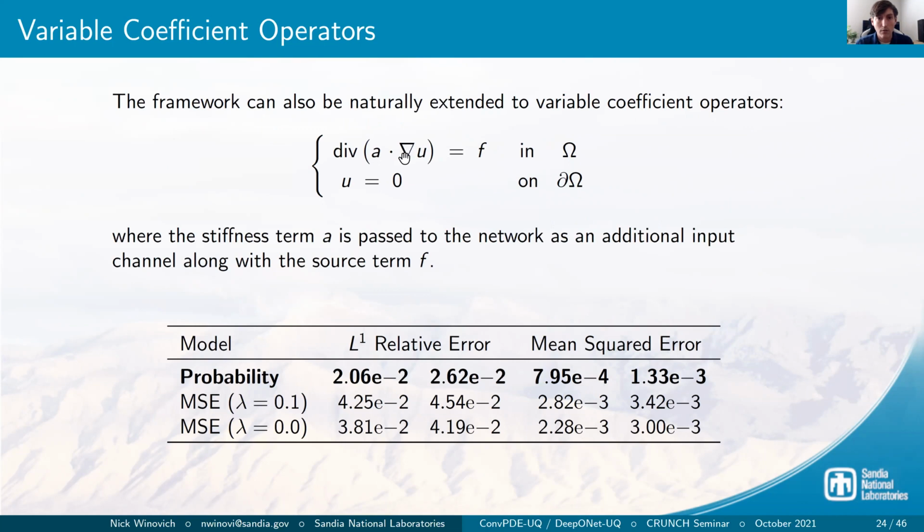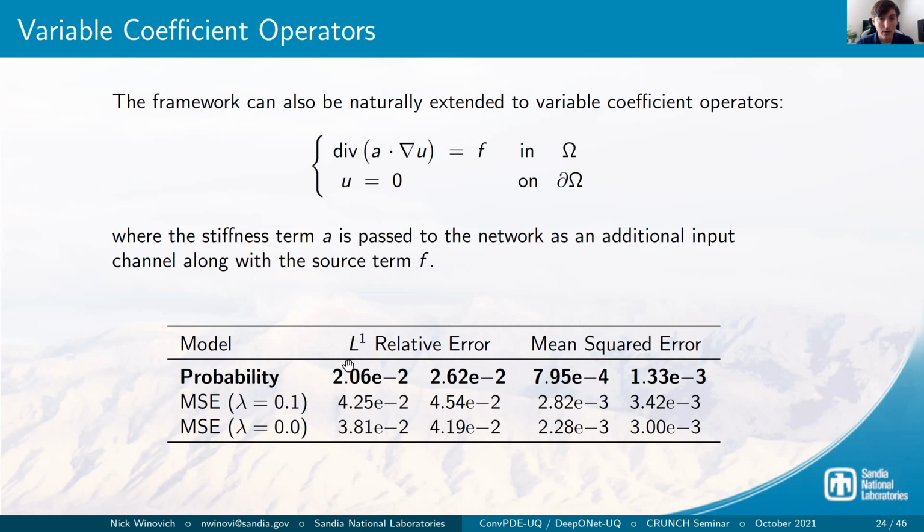And I don't have a slide for it, but you can also provide U and F and predict A, and that works not quite as well, but still accurate. It's just maybe twice as bad, I guess.